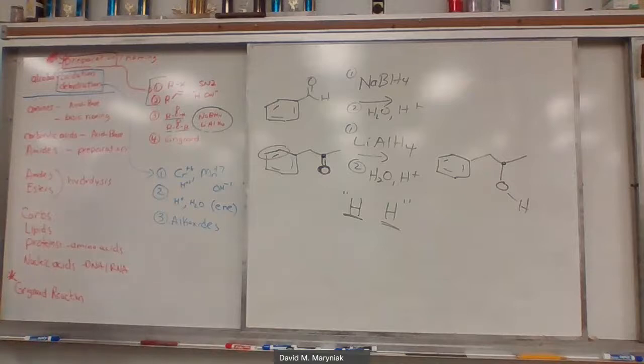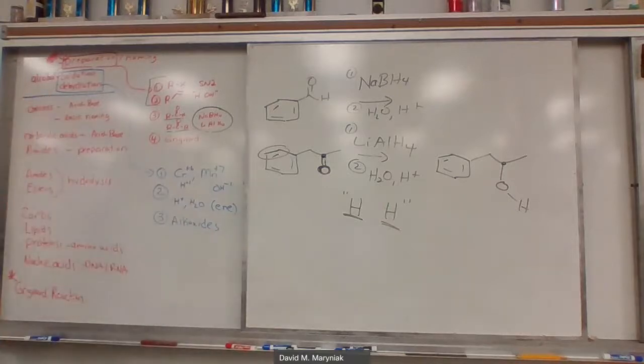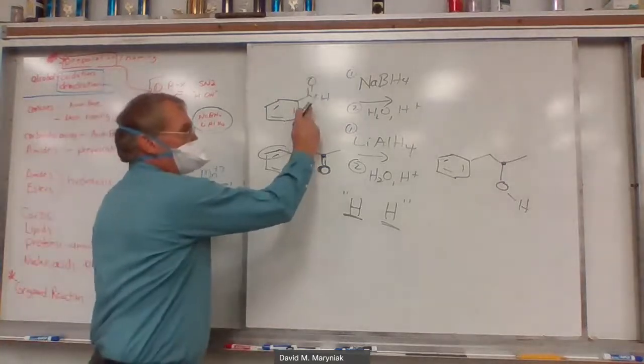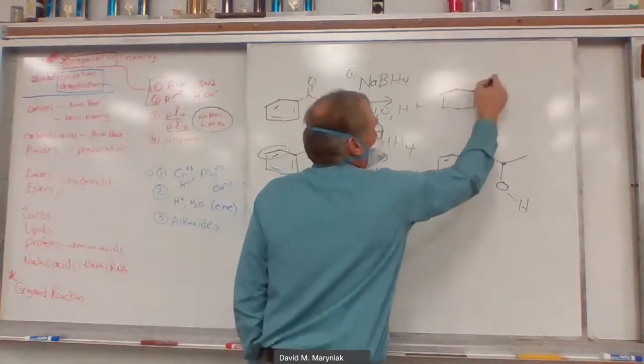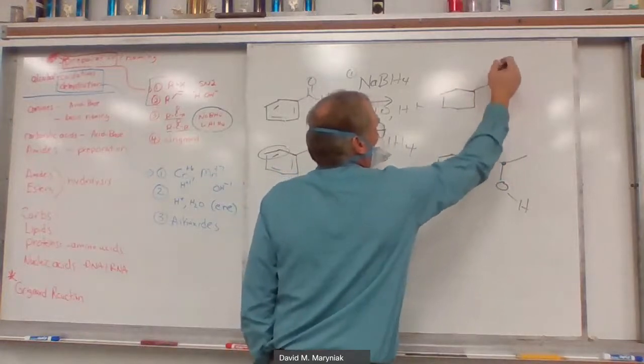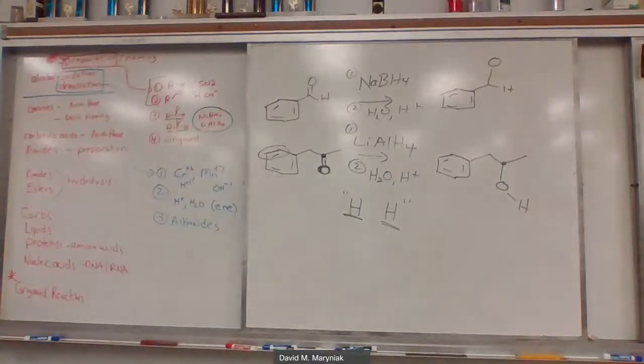So you just have to know that these are the agents which will cause reduction. Analogously to this, which we would say is benzaldehyde, are we going to add the carbon skeleton in the single bond C-O for the overall product?